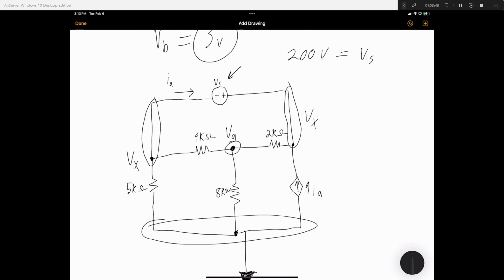And there's nothing in between the nodes, no resistors, nothing. There is a current, but that doesn't have anything to do with that. There's nothing in the way. So, 200 volts is equal to V sub X. Right?